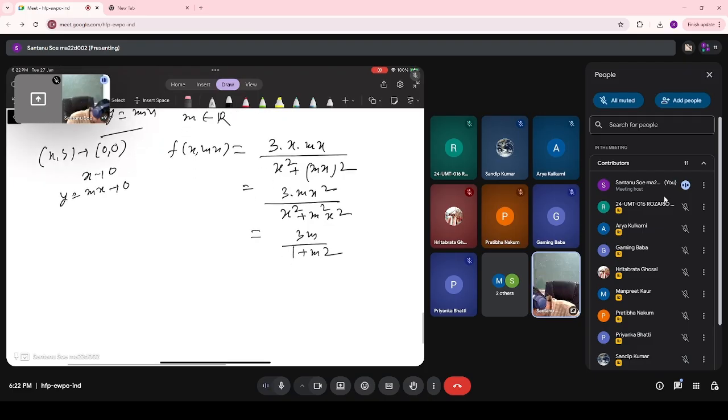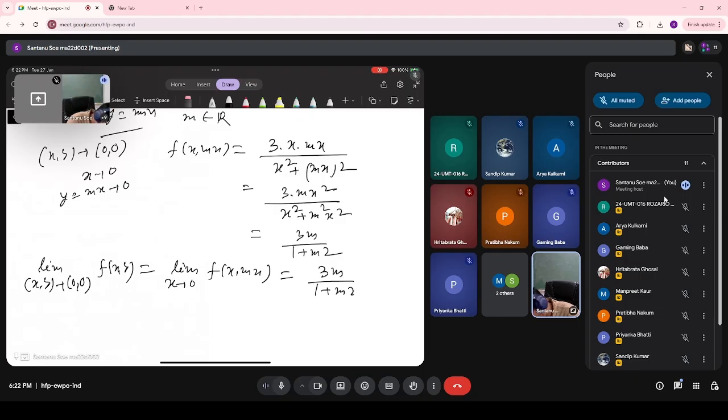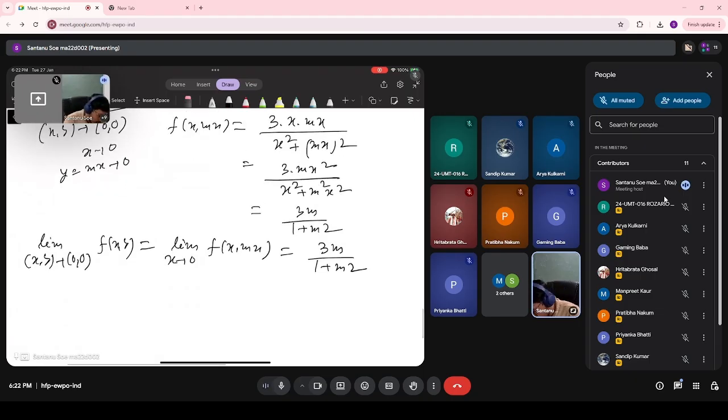So now if you take the limit as x tends to 0, this is equal to the limit as (x, y) tends to (0, 0) of f of (x, y). Correct. So this is nothing but 3m by 1 plus m square. Now if you vary the values of m, for example, if you take m equals 1, this limit will be 3 by 2. That's what we have taken before, right? We have chosen the path y equals x, so that's why it corresponds to the value 3 by 2.